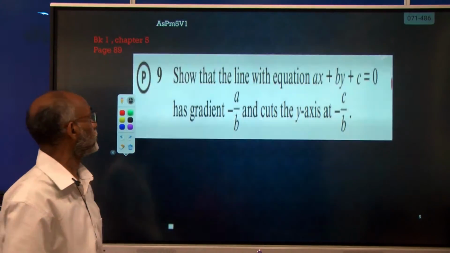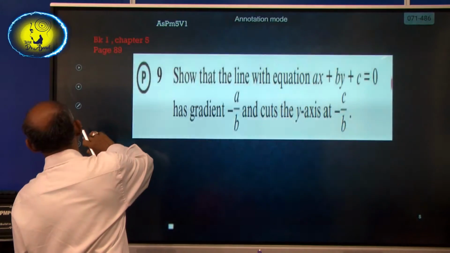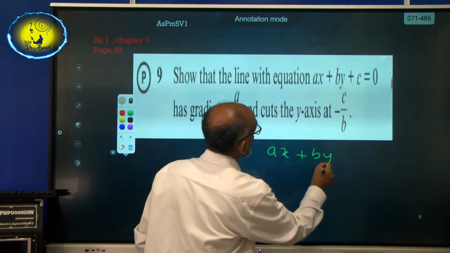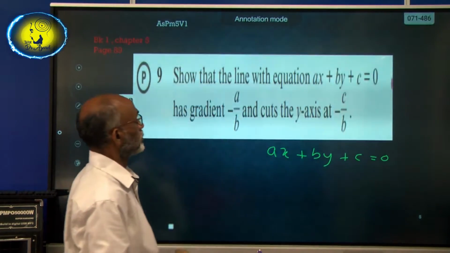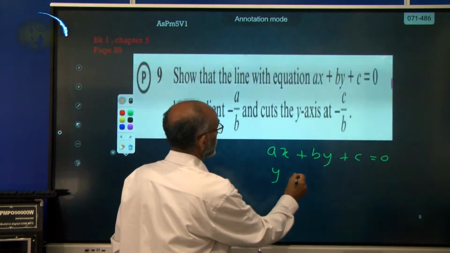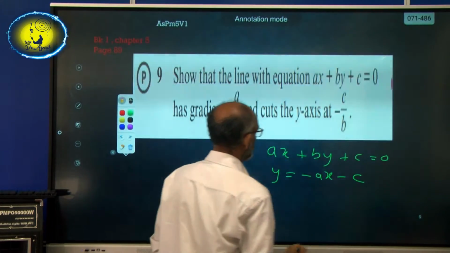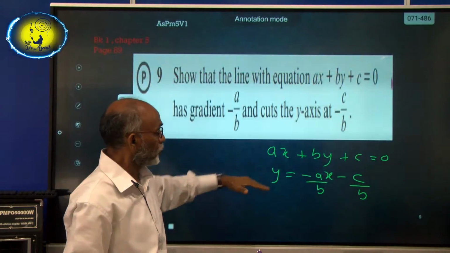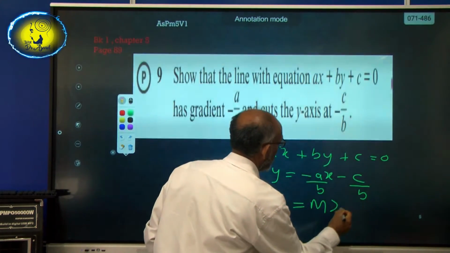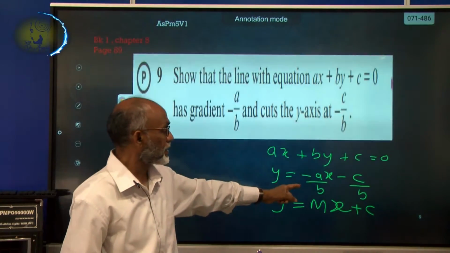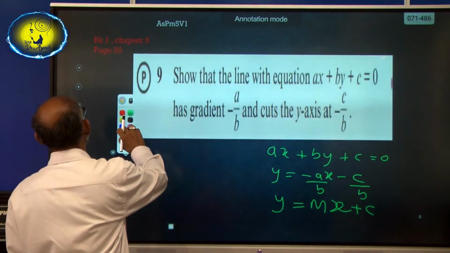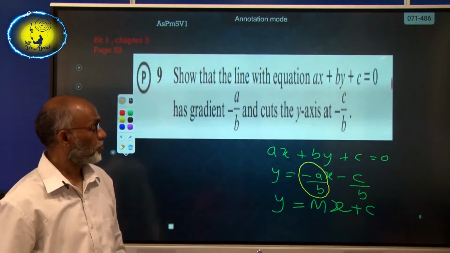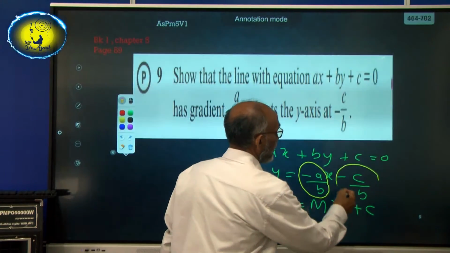This is another example of how you work it out. ax plus by plus c equal to 0. y is equal to, so we have rearranged into y equal mx plus c, where the gradient is identified as minus a upon b, and the intercept is also identified as minus c upon b.